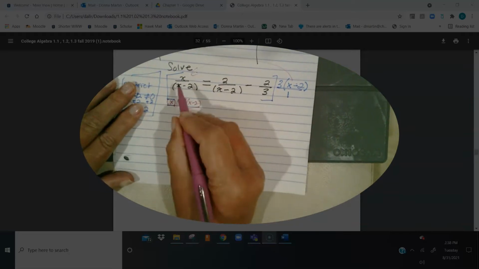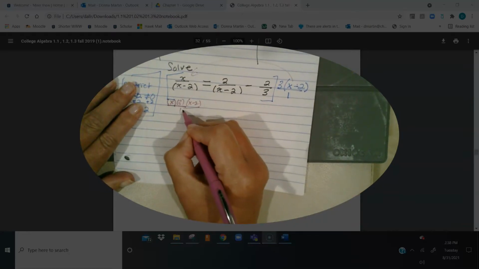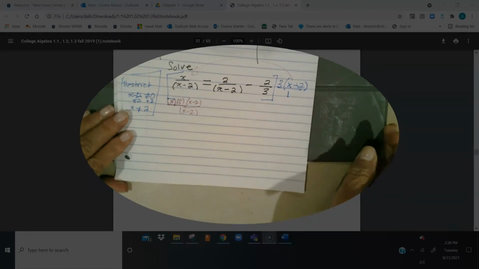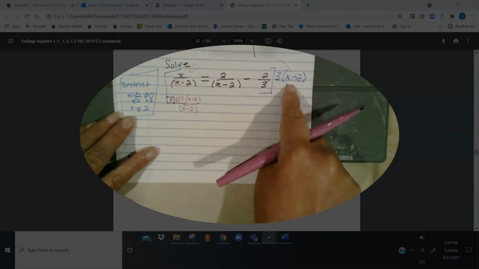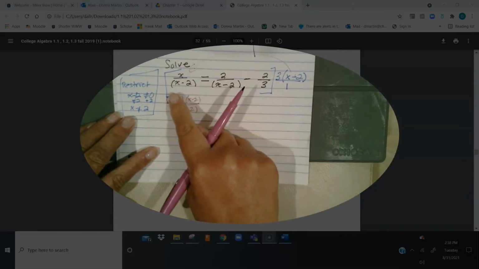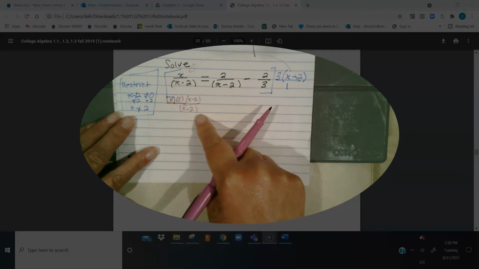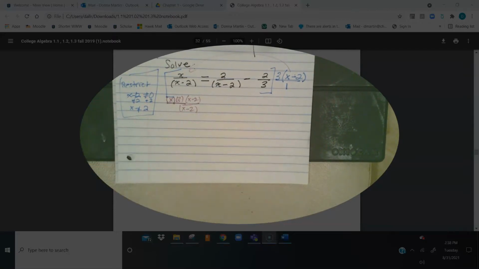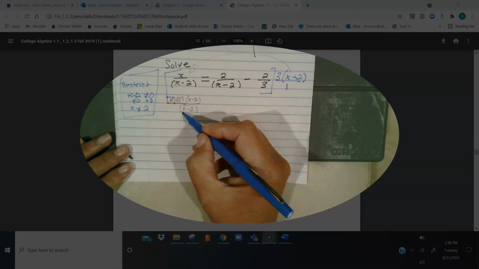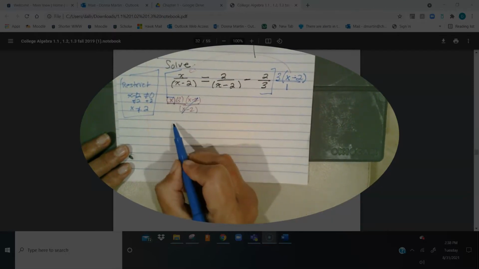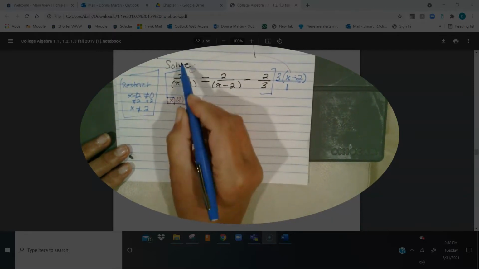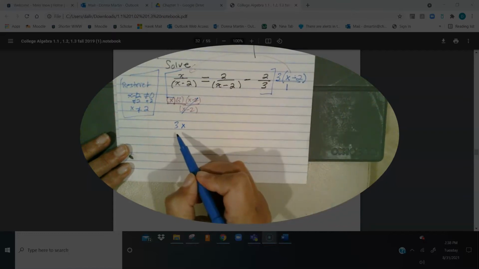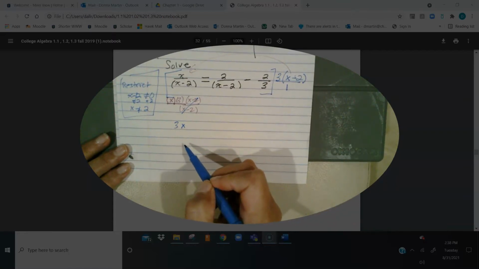And on the bottom, I had x minus 2 times 1. That's just x minus 2. So I multiply all of this times that. And all you're doing is listing the factors that are there. And then notice that the x minus 2's cancel. And the only thing you're left with is a 3 and an x. So all of this comes down to just 3x.